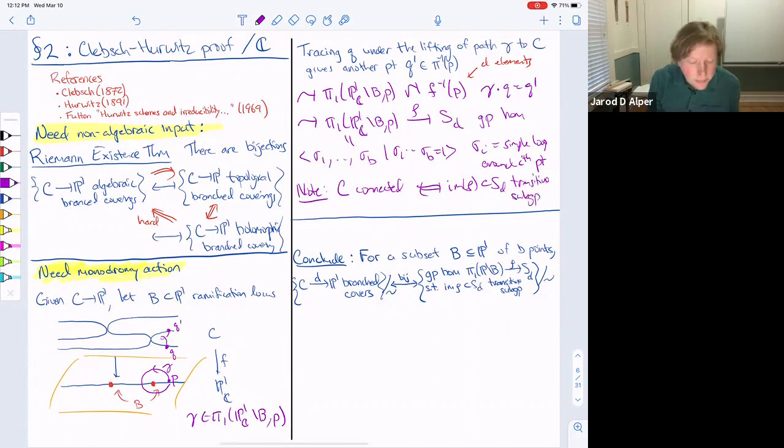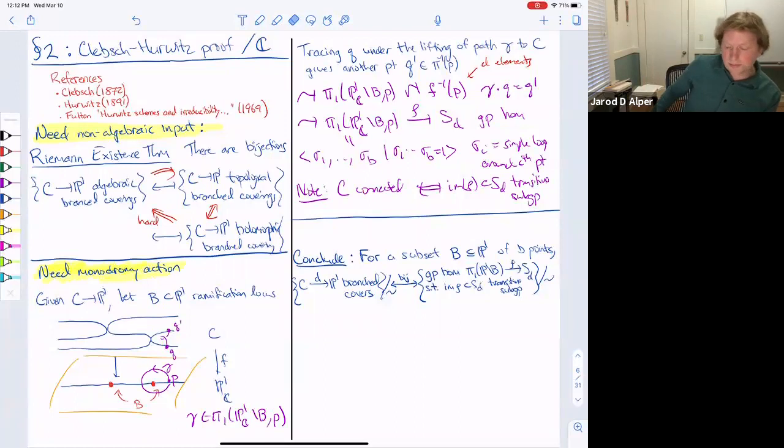Keep in mind, in our definition of branch coverings and of simply branch coverings, the curve is connected, but this correspondence works more generally. If you think about the extreme case of a trivial covering, which is completely disconnected, then the homomorphism rho maps onto the identity. This is not hard to see, this correspondence.